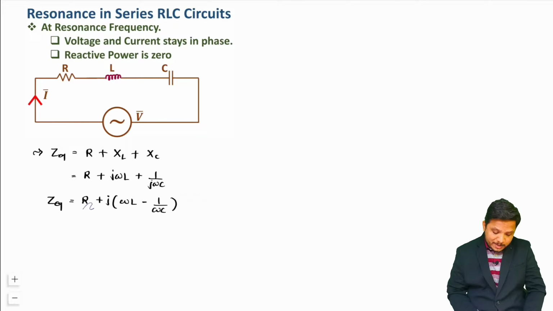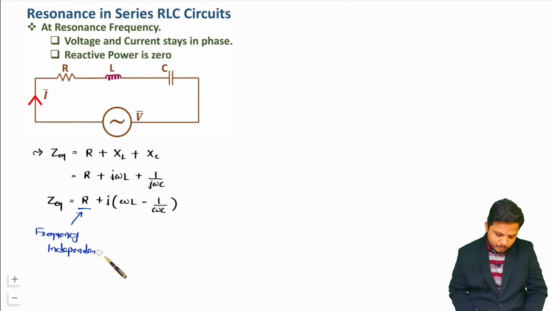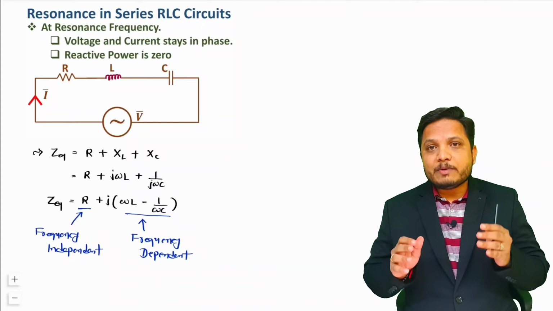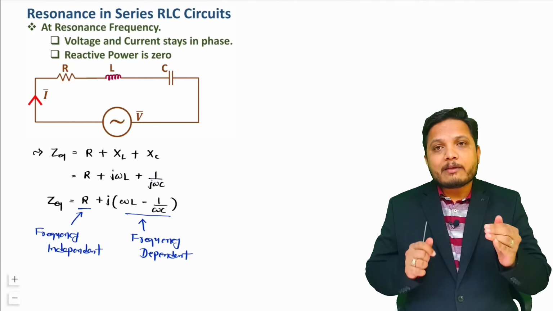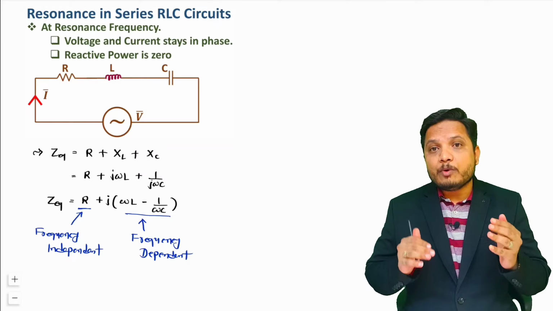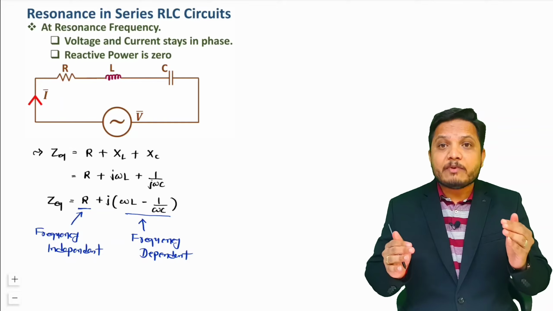Now my dear students, if you observe this real component, it is frequency independent, and this imaginary component is frequency dependent. So the real component will not change even if you change the frequency of this AC supply, but if you change the frequency, you will observe that the imaginary component varies. What we are dealing with here is changing the frequency, and by changing frequency we will analyze how voltage and current phase relate to each other.